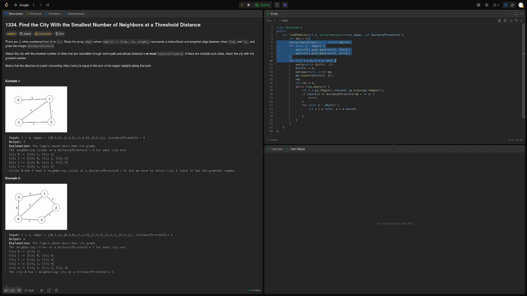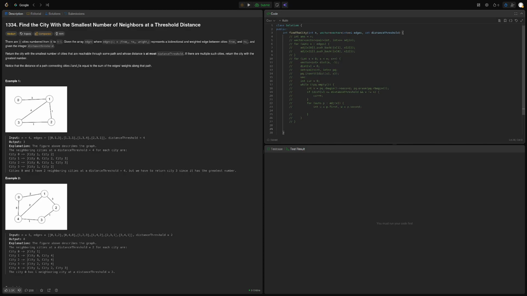Okay, so let's comment this out for now, so that I don't lose the code. And let's do this. Let's make just a distance matrix, which will have these distances. Let's call them -1.